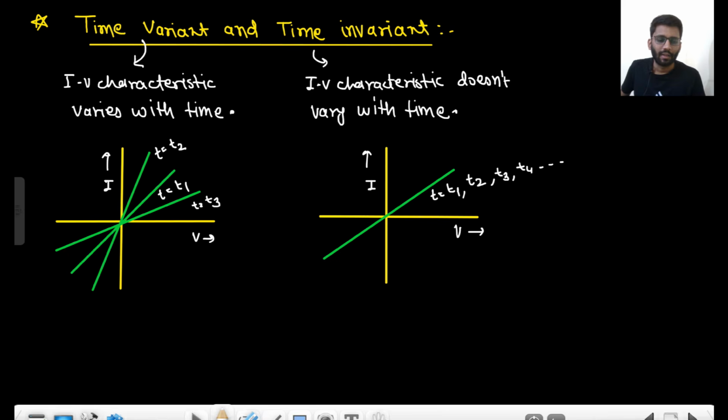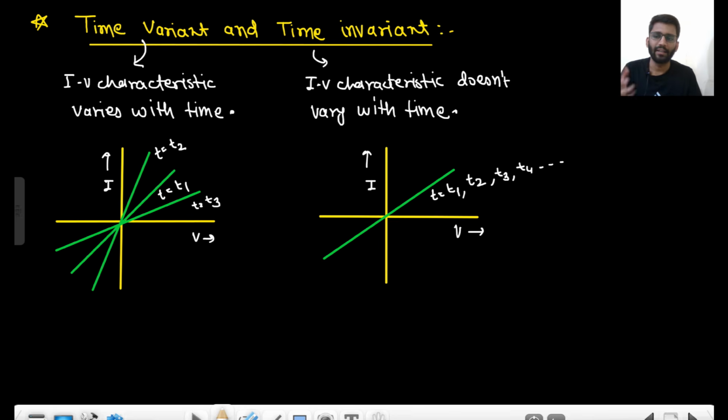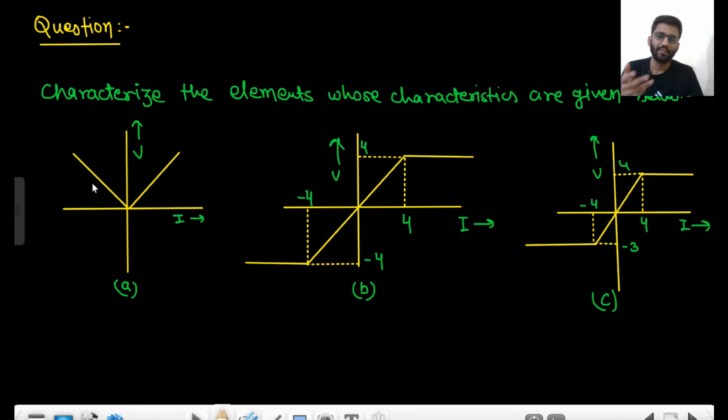Now we will see a very interesting question. You need to characterize the elements given below. Tell me whether each is linear or non-linear, bilateral or unilateral. We can't really say time variant or invariant based upon the characteristics, since only one characteristic is drawn.